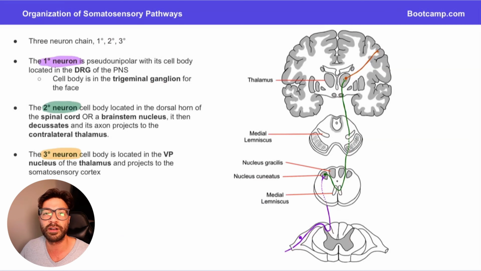Now, the second order neuron can actually be located also in the dorsal horn of the spinal cord before it synapses, and then that second order neuron ascends upwards. This is what you'll see in the spinothalamic pathway. However, both pathways that we're going to be looking at both have their third order neurons located in the ventral posterior lateral aspect of the thalamus, and they both send that signal to the primary somatosensory cortex.